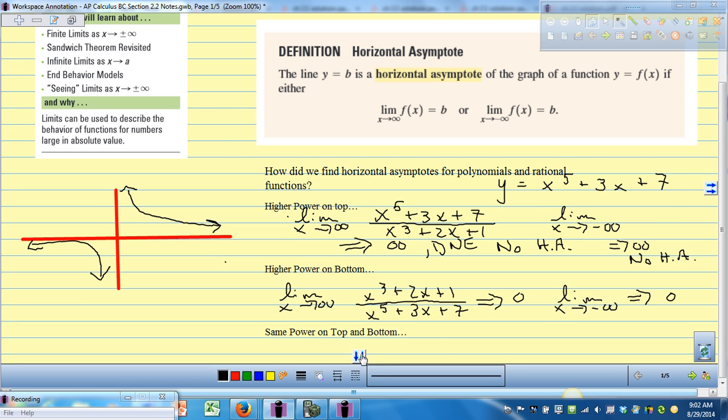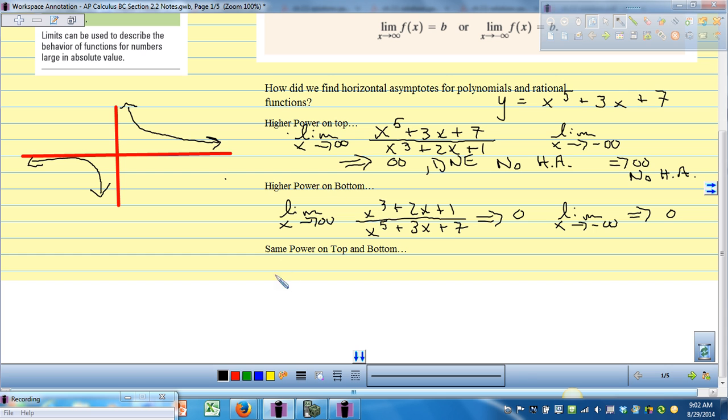All right. What if we have the same power on top and bottom? So we have the limit as x approaches infinity of 2x to the 8th plus 3x minus 2 over 5x to the 8th plus 3.